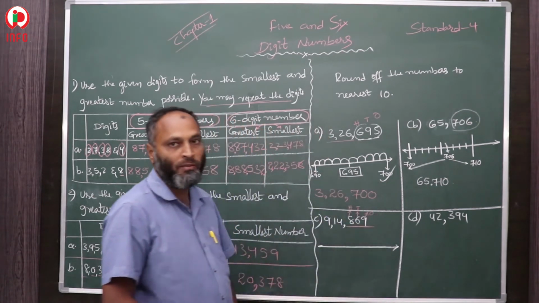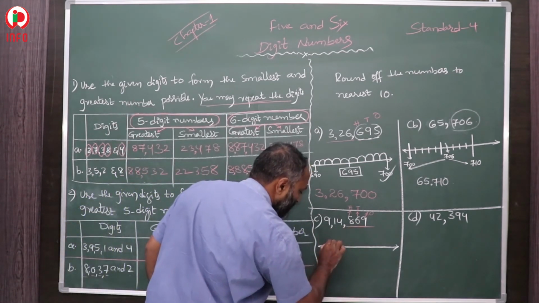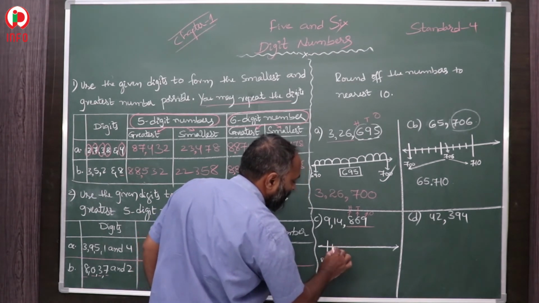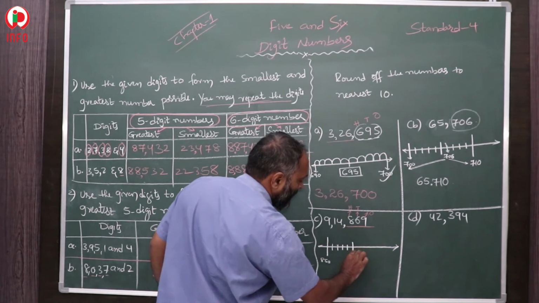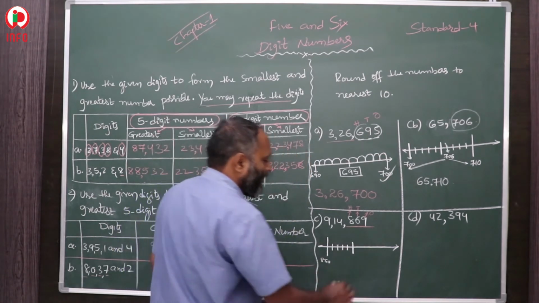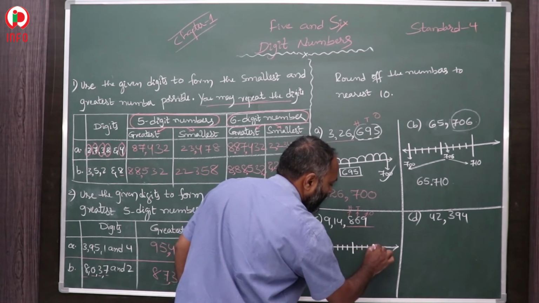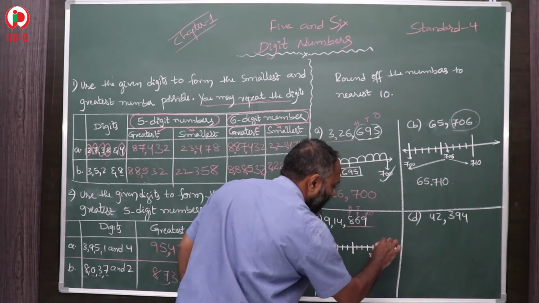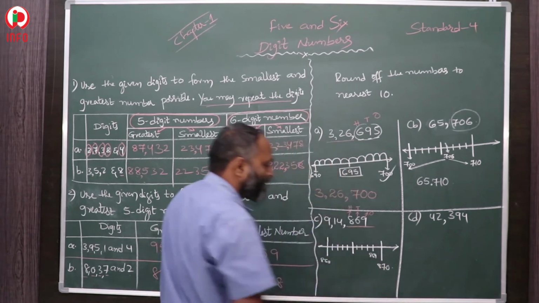For nearest tens we consider three values. 869 means we start from 860: 860, 861, 862, 863, 864, 865, 866, 867, 868, 869, 870.